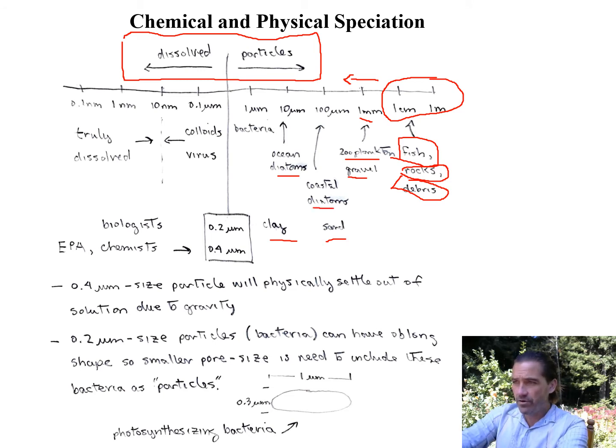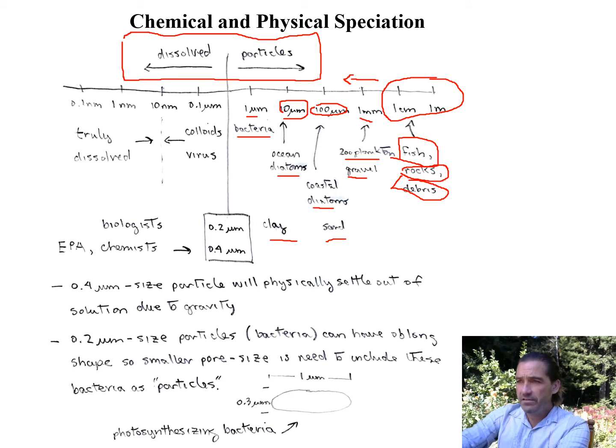Coastal diatoms are about 100 micron, while the diatoms in the ocean are much smaller at 10. And then we approach the 1 micron size, a millionth of a meter, and now we're starting to think about bacteria. Remember, all of these particles, no matter if they're inorganic or an organism, they contain elements.